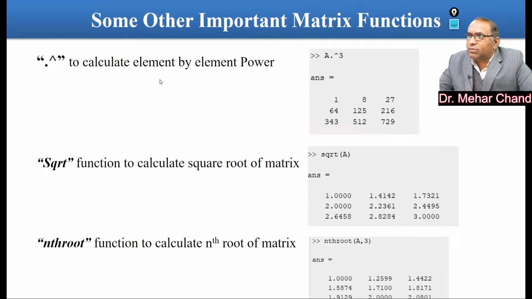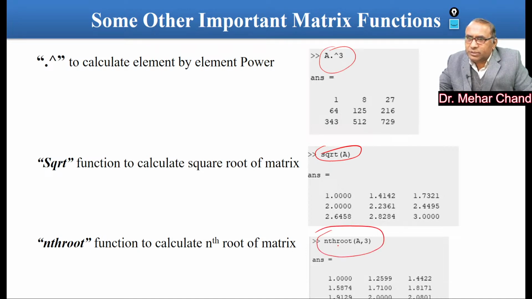Then we have to calculate the element-wise power. We can find the square root, and also the nth root. For the square root we are using this statement, for cube we are using this statement, and for the nth root of a matrix we are using this one. So 3 means the third root, the cube root.